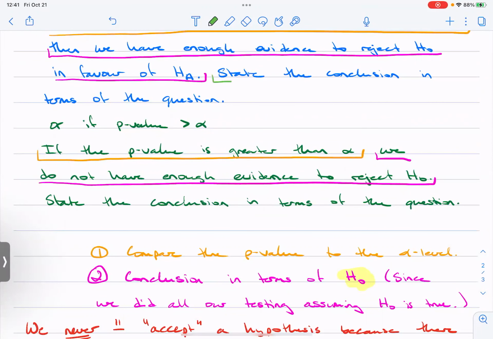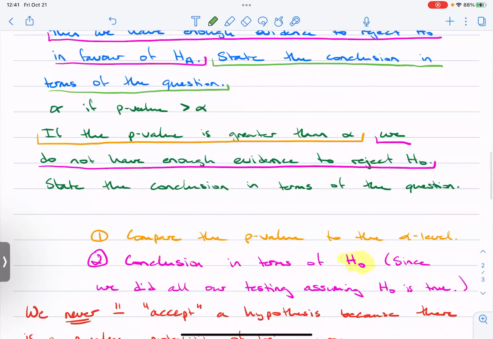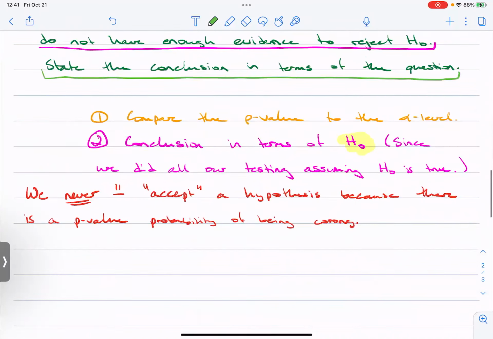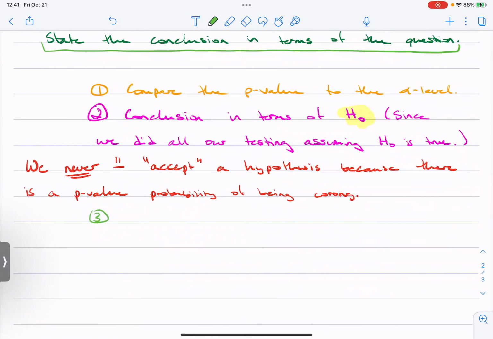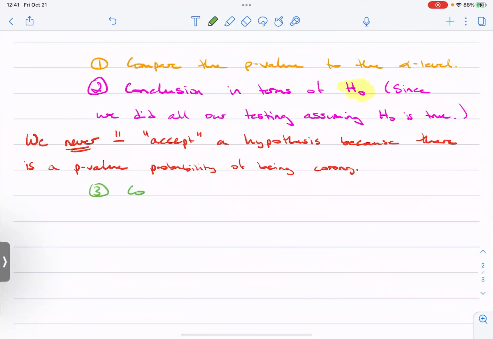And then lighter fare, the one that everyone likes to forget: state your conclusion in terms of the question. So the conclusion in terms of the question.